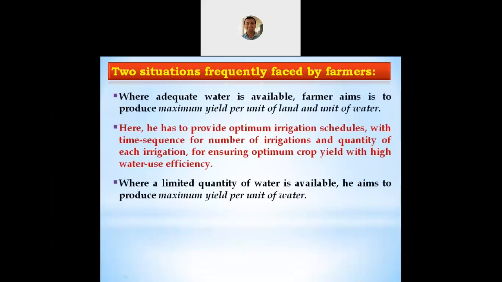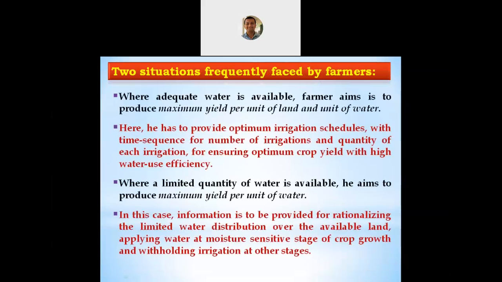Now, basically, farmers face two kinds of situations. The first situation is where adequate water is available. The farmer aims to produce maximum yield per unit of land and unit of water. Here he has to provide optimum irrigation schedules with a time sequence for the number of irrigations and the quantity of each irrigation, for ensuring optimum crop yield with high water use efficiency.